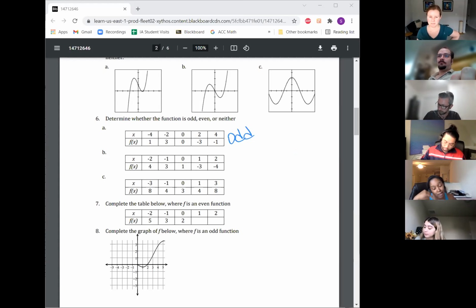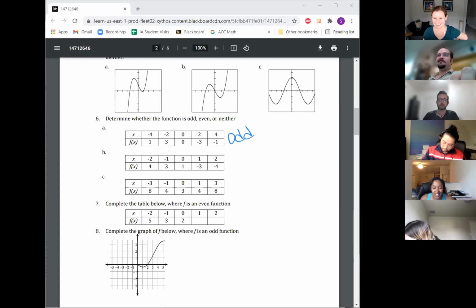I'm not gonna say I did process of elimination, but I know one of them was odd and the other was even. So I was like, I know the one that didn't have one was neither. I know how to understand how to get the odd and I know how to understand how to get the even. But I couldn't remember how to get the neither. Well, usually if it's not those, then it's neither.